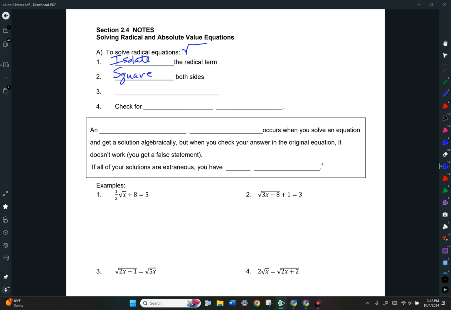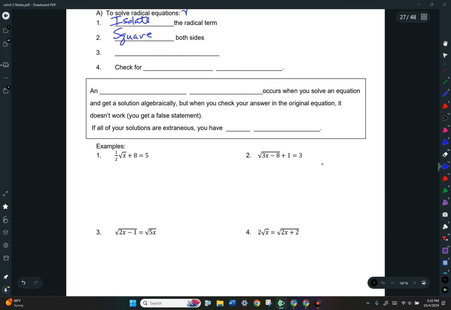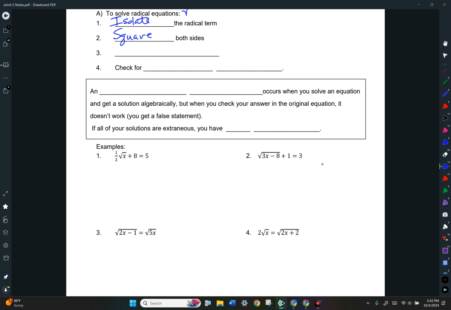Okay, so let's start there. For example, on number 1, I want to get that square root by itself. So I'm going to subtract 8. So 1/2 square root of x equals -3. And then to get rid of the 1/2, I'll multiply by 2.